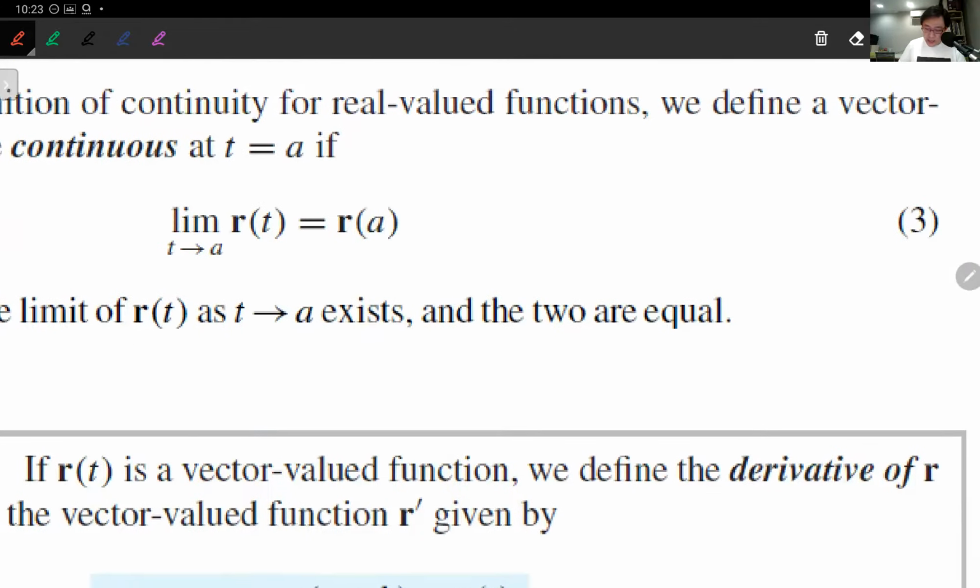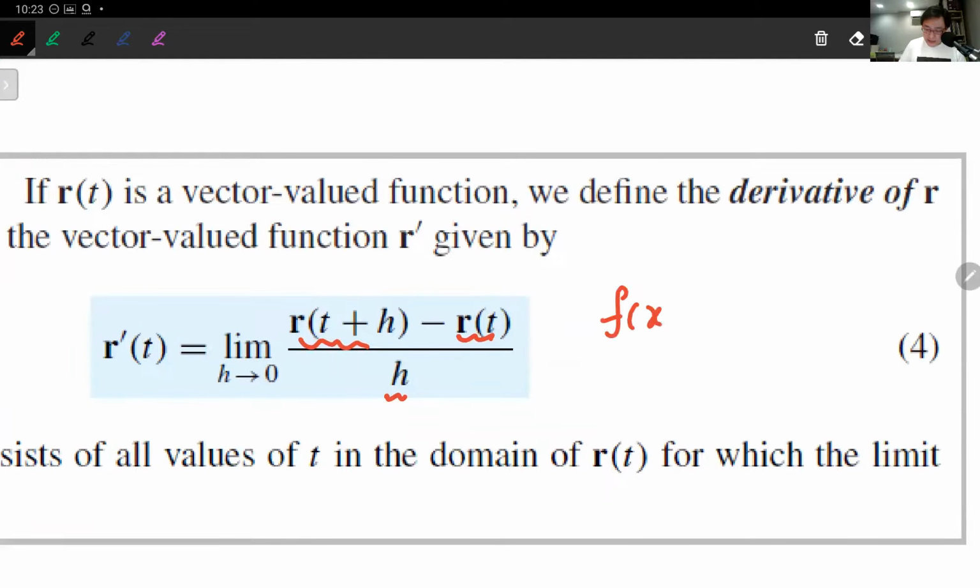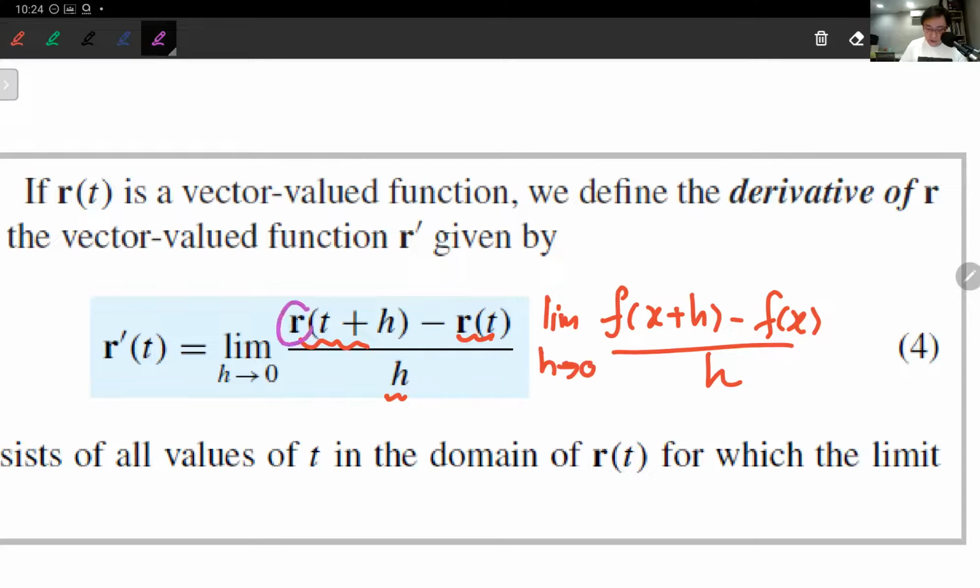It looks something like f of x plus h minus f of x over h, and then you take the limit as h approaches 0. Okay, so with that, now you're doing the same thing, except you turn that function into a vector.